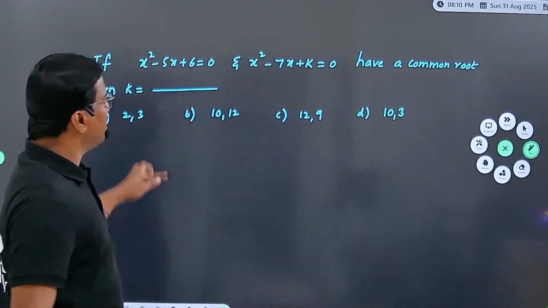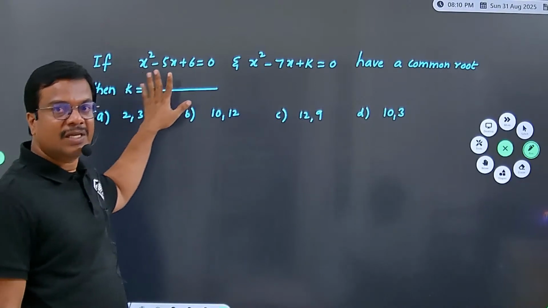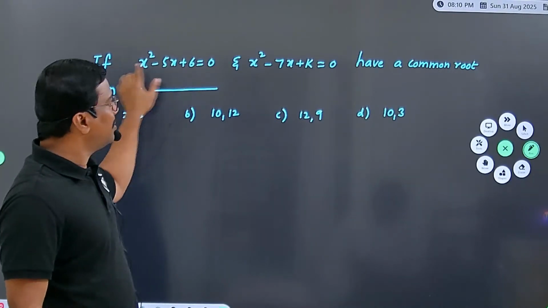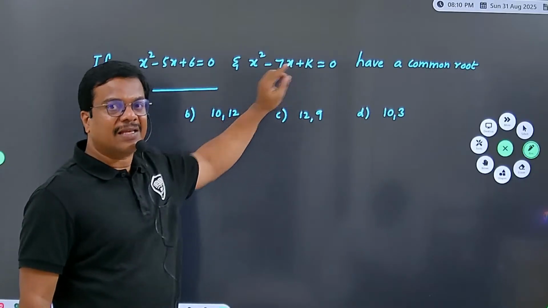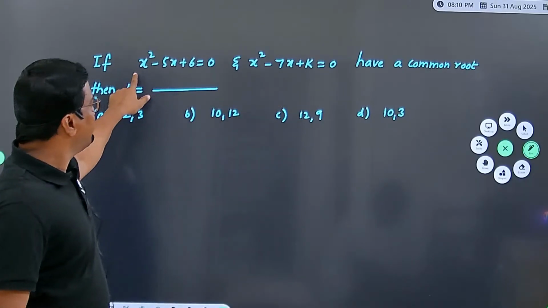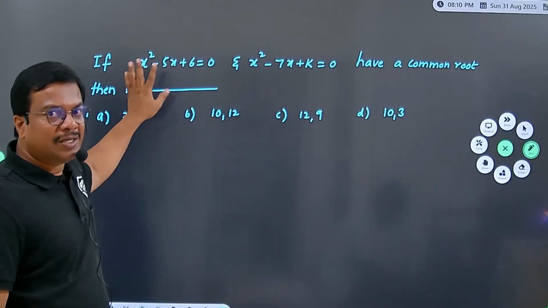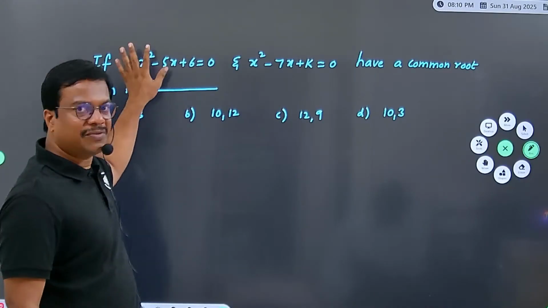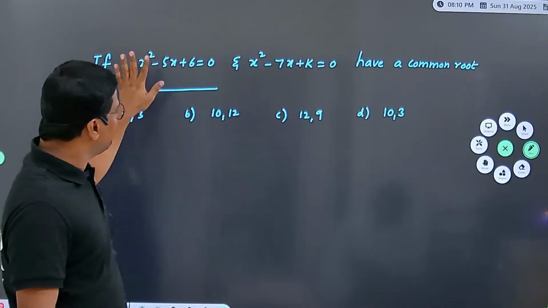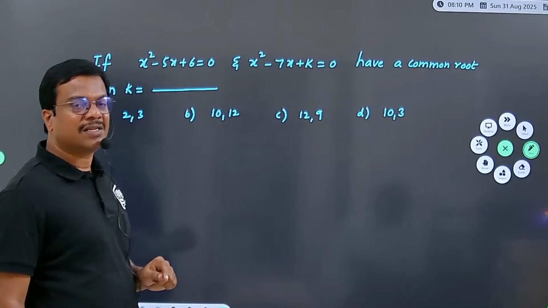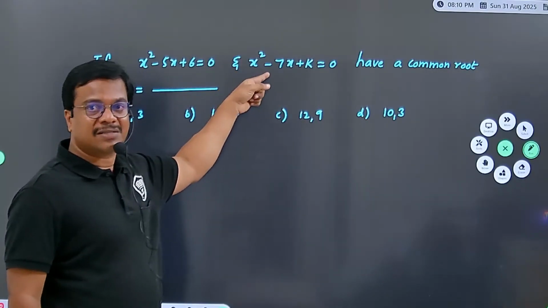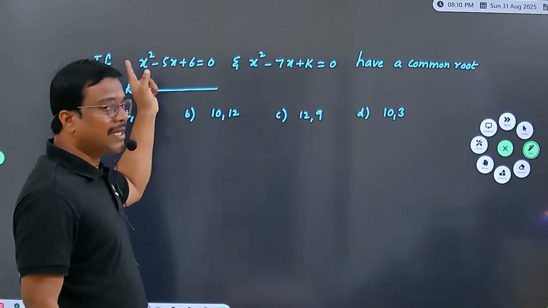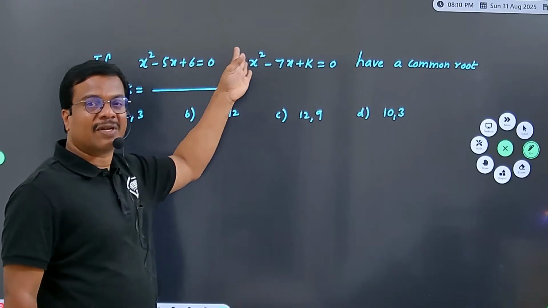See the solution. The first equation is without parameters, but in the second there is a parameter k. Since there is no parameter, you can easily find the roots of the first equation. So first find the roots of this equation. Maybe the first root is the common root, or the second root may be the common root for the second equation.